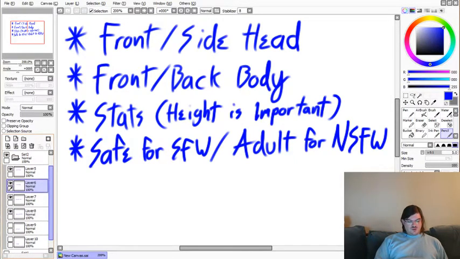If you intend to get adult work, make sure you have an adult reference sheet. If you intend to get safe work, make sure you have a safe reference sheet. Safe reference sheets are either Barbie, which is where they're nude but nothing shows, or they have censor dots or little pasties over the adult information, which is nipples, vaginas, penises, buttholes.